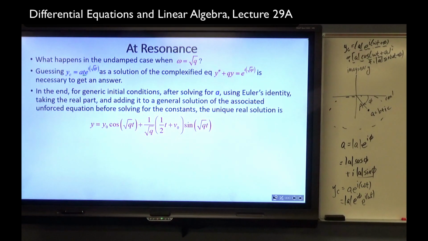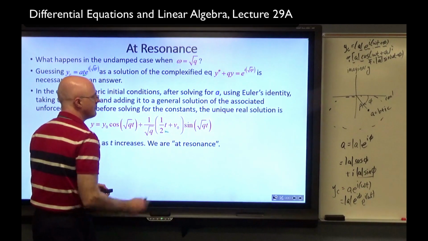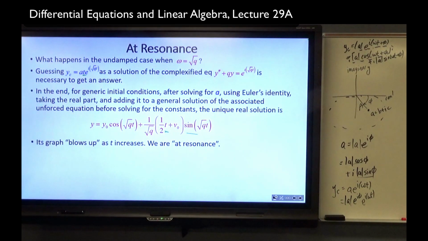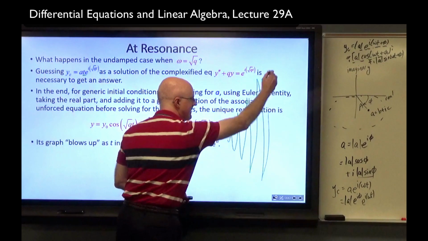The most important thing about this is not necessarily the formula itself, but to notice that in this formula you have a t term multiplied by the sine that's going to cause the graph of this to blow up as t increases. The oscillations are going to get bigger and bigger.